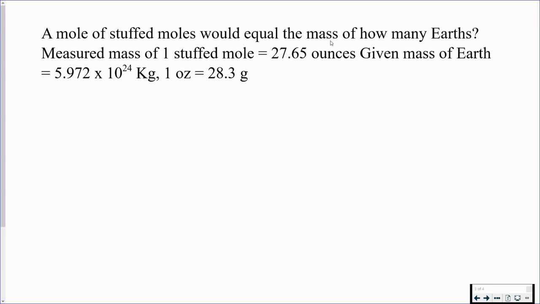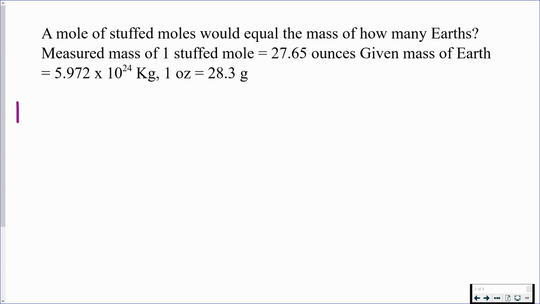Question number 3 is the third and final type of mole day problems, and that would be a mole of stuffed moles would equal the mass of the Earth how many times? So if one stuffed mole equals 27.65 ounces and the mass of the Earth is 5.972 times 10 to the 24th kilograms, given this little conversion right here, how many times could we fill the Earth if we had a mole of stuffed moles?